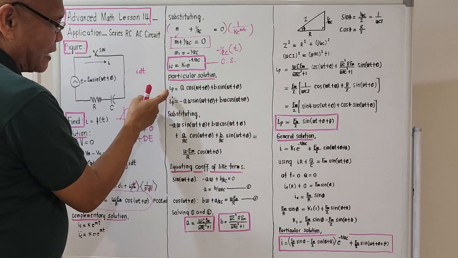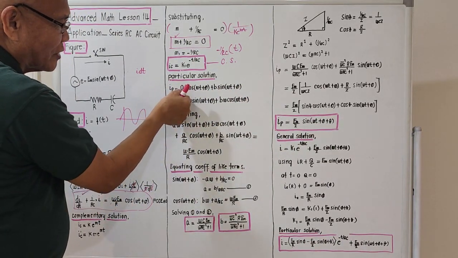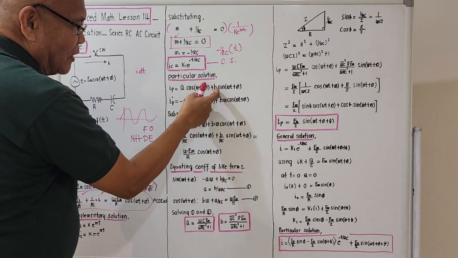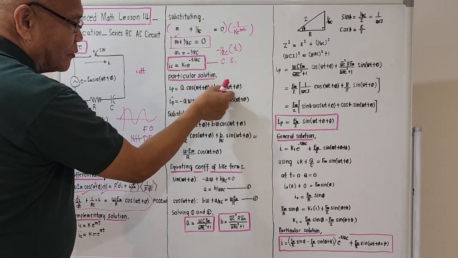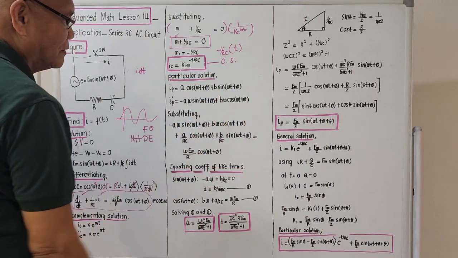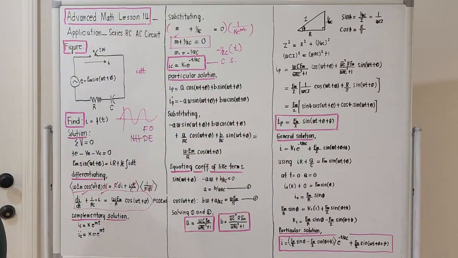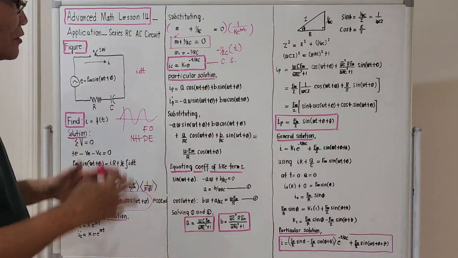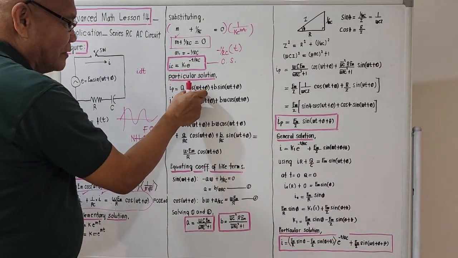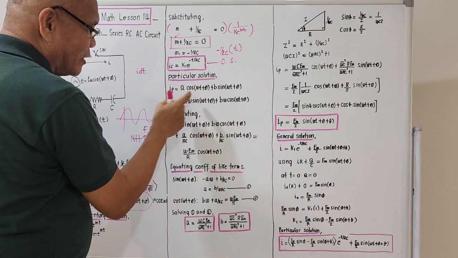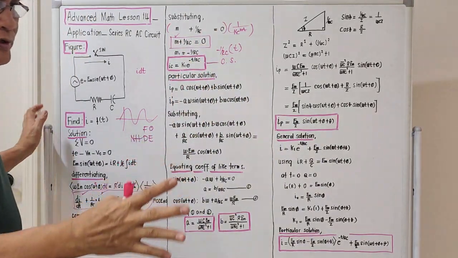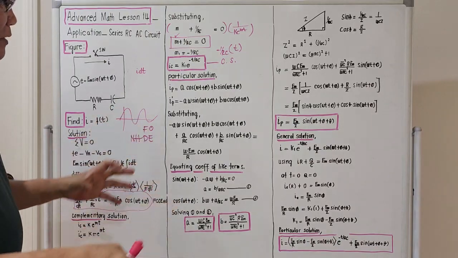So I will place here I particular should be a constant A, cosine of omega t plus angle P, plus another constant B, sine of the quantity omega t plus angle P. We anticipate that there will be a cosine and sine function, but we do not know the values of A and B for the meantime. So let's proceed with the computation of A and B.